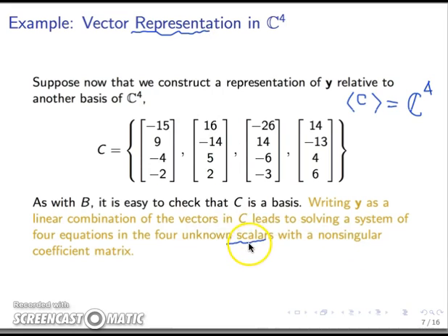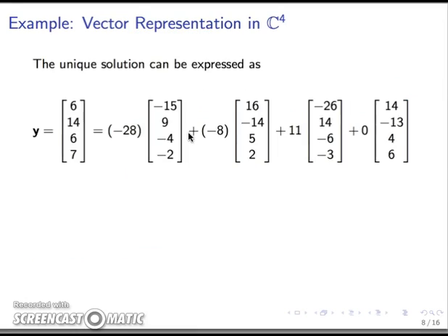Those are the variables in that linear system, and we can form a matrix with these 4 columns. We can define a matrix that contains these column vectors as its columns and use that in the calculation of the solution set. So this is no other thing than asking the question: is y a member of the span of this set C?